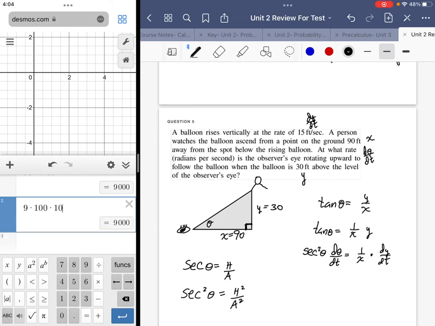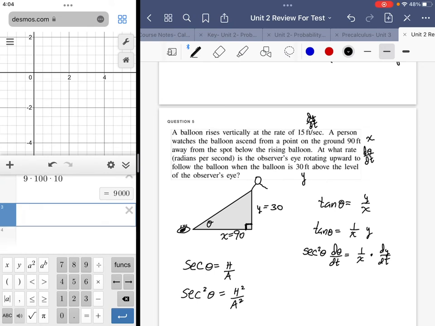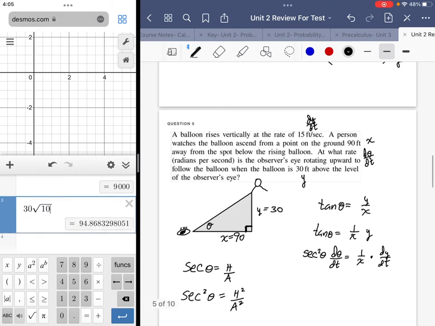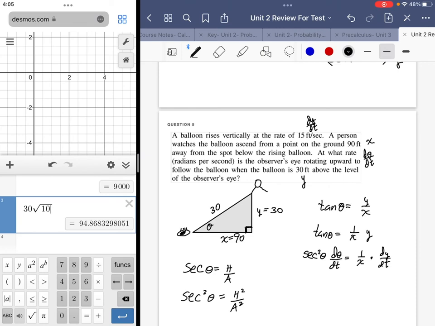That'll get us to 9,000. The square root of which would be 3 times 10, which would be 30 radical 10. All right? So 30 radical 10 would be my hypotenuse. But ultimately, I need to square that anyway, which gets us back to 9,000 no matter how you slice it. So one way or the other.